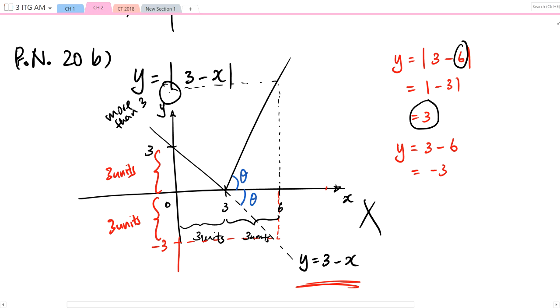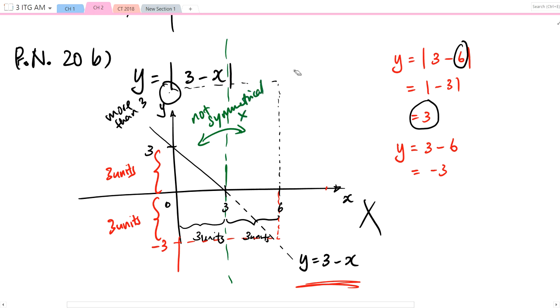That is called reflection. If the angles are different, then you have reflected them wrongly, and the result will be a V-shaped graph that is not symmetrical about the vertex. See these two? Not symmetrical. So it is wrong.